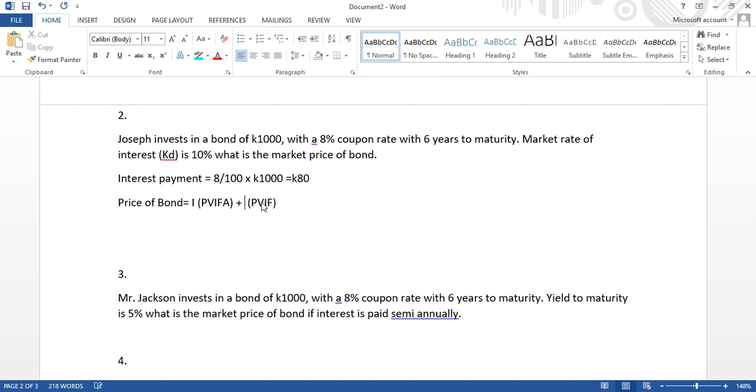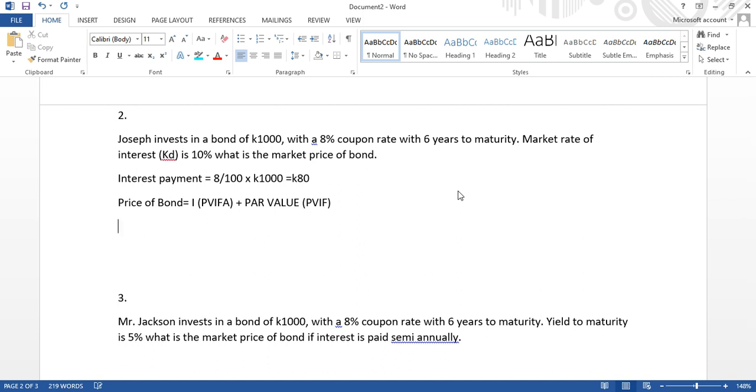And this might look like future value, so I just have to put it like par value. Make life easier, to avoid confusion. So our interest payment is 80.